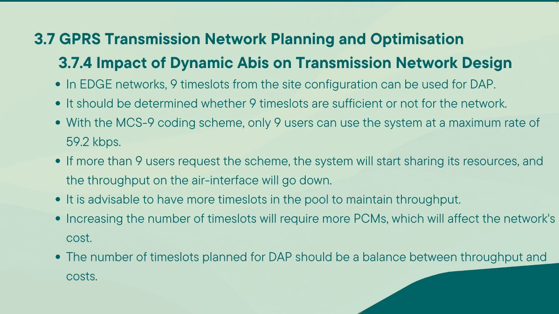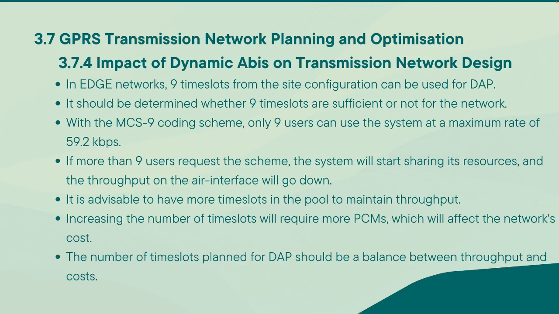The configuration can be used in the DPA, and we should determine whether it's 9 or configs or not for the network. With the MCS-9 coding scheme, it's like a 9 time slot.